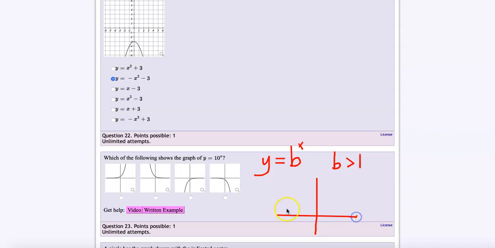So the graph is always going to look the same. It's always going to start off low here, and then it's going to shoot up really fast. It will always look like this when you have a b value that's greater than 1. In this case, our b value is 10. So here's my exponential growth.